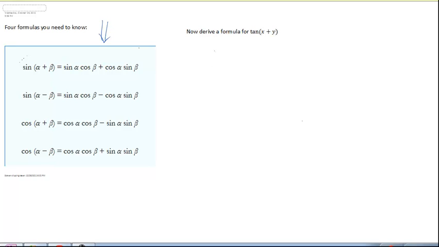Now we know from our previous identities that the tangent of any angle is the sine of the angle over the cosine of the angle. Now in this case, x plus y just represents some specific angle measure. So tan of x plus y will be sine of x plus y over cosine of x plus y.